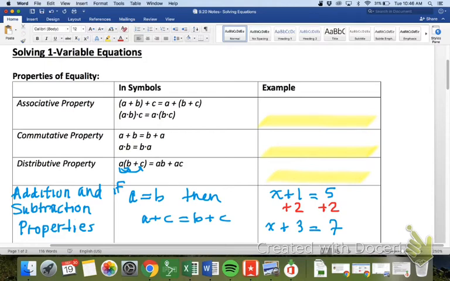If you plug in 4, remember the solution to the original equation was 4, so if we plug in 4 for x here, we get 4 plus 3 equals 7, and that is still true. So we show that just by adding the same thing to both sides, or subtracting, we get a new equation, but it still has the same solution set.